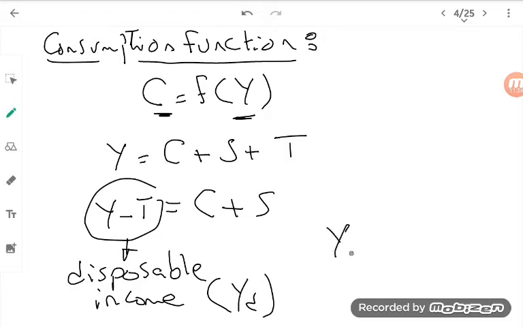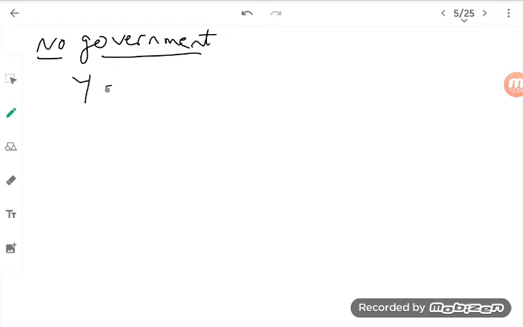So YD, which is disposable income, will be distributed between consumption and savings. Let's start with an example when there is no government, so there are no taxes in the country. Households are going to distribute their income between consumption and savings.